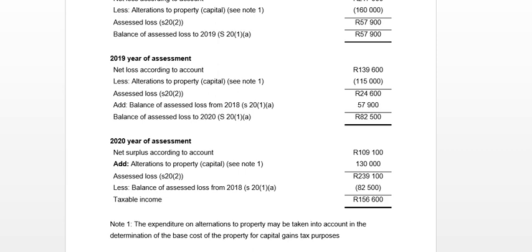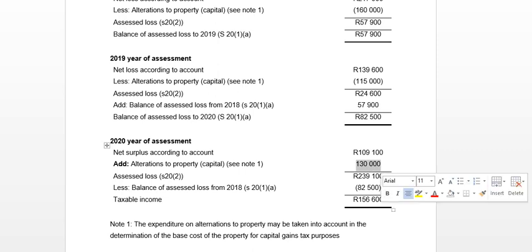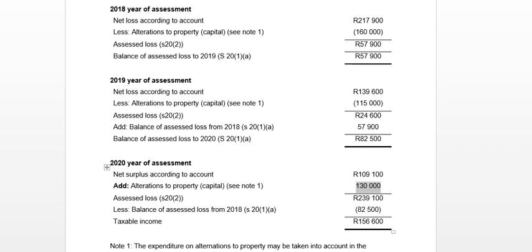Okay. Then in 2020 we actually made an income, well, we made a surplus, we made a profit of 109,100. From that we need to add back the property alterations of a capital nature. Why this is different from that is just your simple maths. You could have said minus 270,000 plus 160 equals minus 57,000.